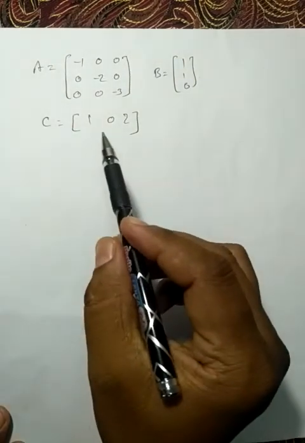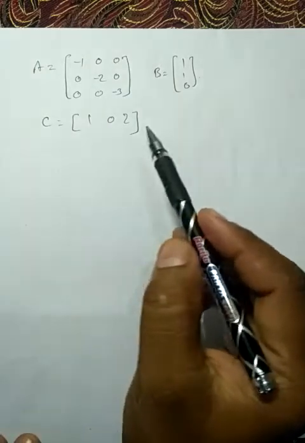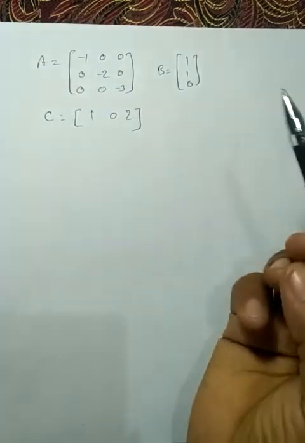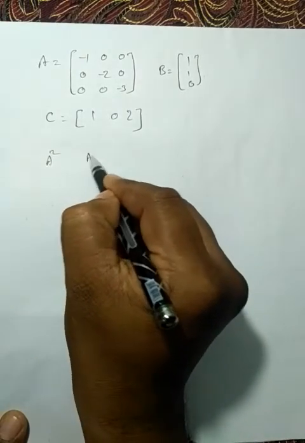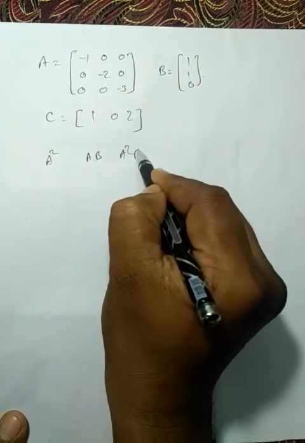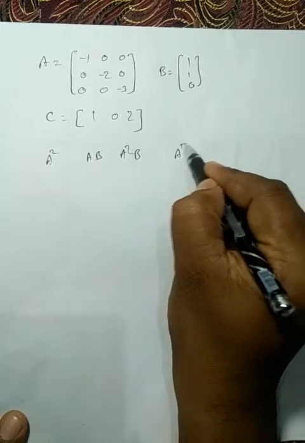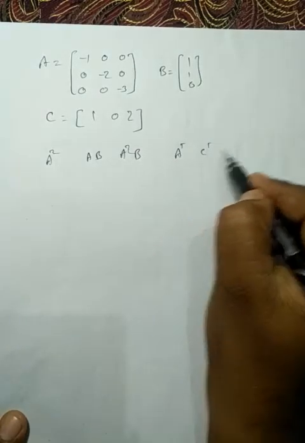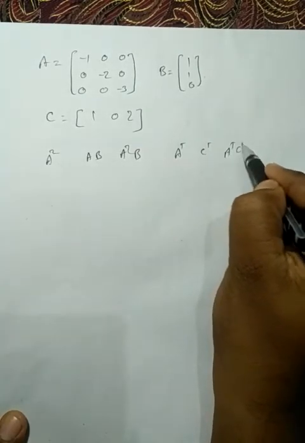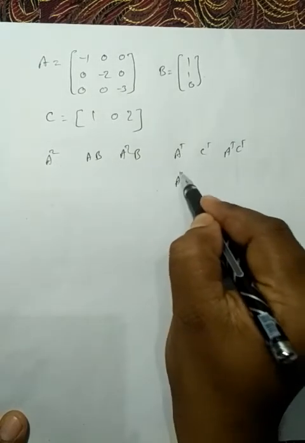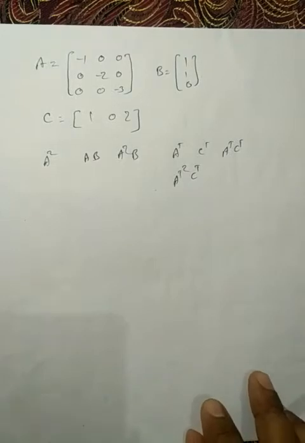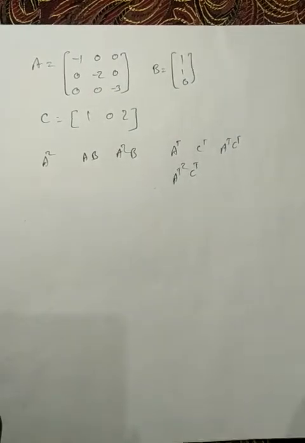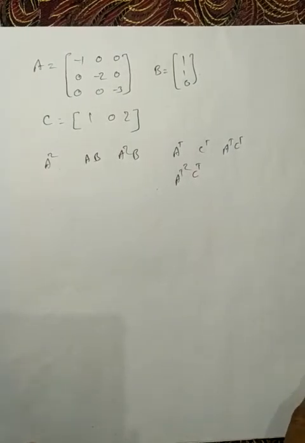So first of all, calculate all the variables like A square, AB, A square B, AT, CT, ATCT, AT square CT. Calculate these values, and then we'll find controllability test matrix and observability test matrix.